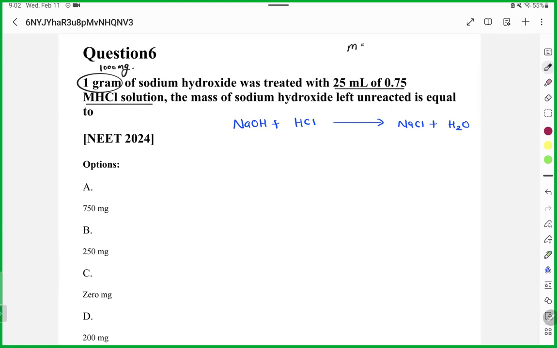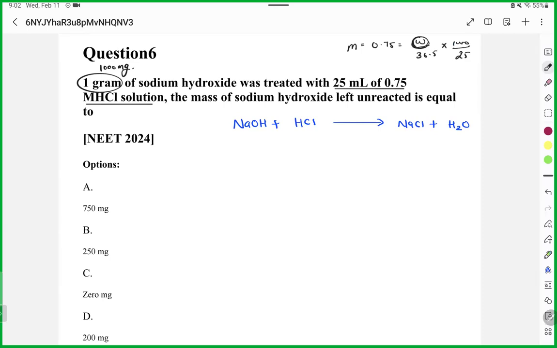So you use the molarity method because molarity is given: 0.75 is equal to given mass divided by molar mass. What is the molar mass of HCl? 36.5. 1000 divided by 25 ml. So you can calculate the given mass of HCl.